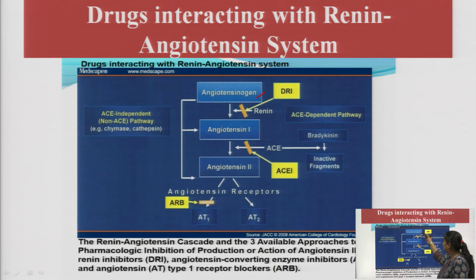Angiotensinogen converts into angiotensin 1, which ultimately converts into angiotensin 2, and this angiotensin 2 then attaches with the angiotensin receptors, angiotensin 1 and angiotensin 2 receptors. After reacting with these, the condition changes and there is an increase in blood pressure.